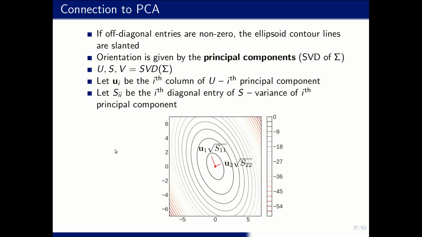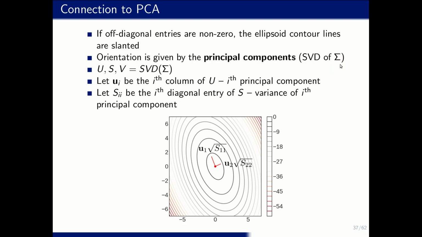And there's an interesting connection to PCA, which Sibylle discussed recently. Again, if the off-diagonal entries are non-zero, then the ellipsoids are not axis aligned but slanted. And we can find this orientation by applying a principal component analysis, or the singular value decomposition, to our covariance sigma.